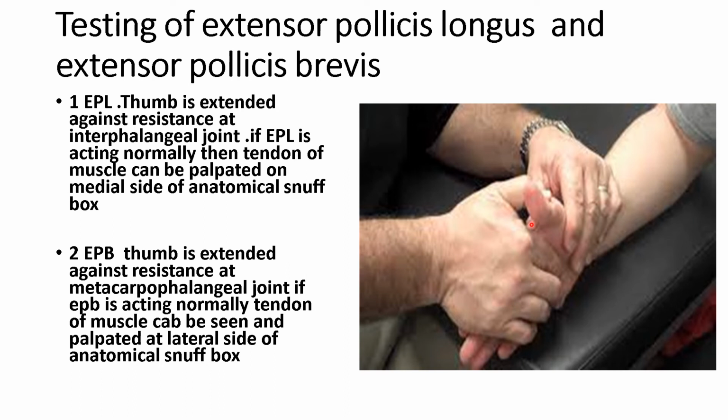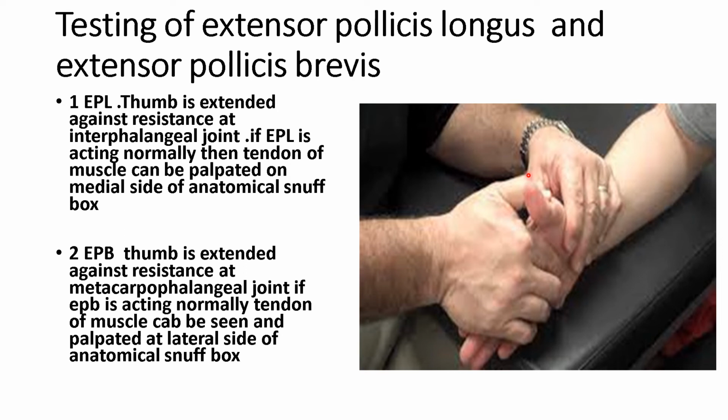In testing the extensor pollicis brevis muscle, the thumb is also extended against resistance, but at the metacarpophalangeal joint. In extensor pollicis longus, resistance is applied at the interphalangeal joint. In extensor pollicis brevis, the resistance is applied at the metacarpophalangeal joint. If extensor pollicis brevis is acting normally, then the tendon of the muscle can be palpated on the lateral side of the anatomical snuff box. So these two tests are similar.